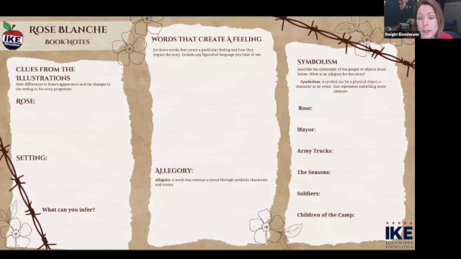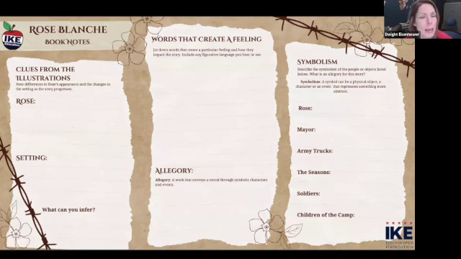Look at how the setting changes too. In the middle column, take note of words or phrases that create a feeling, or maybe some type of foreshadowing. What can you infer from the things you see in the illustrations or read in the text?